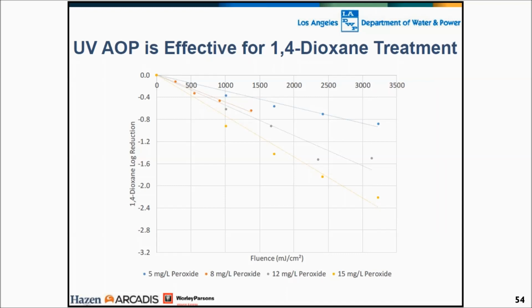So there's a balance there. So you might, depending on the cost of energy or peroxide, try to figure out what the best mix is. And just to point out, some of the plumes in California could have very high levels of organics. So you may need up to more than 1 log removal. So it just depends on how contaminated that area, that well is.